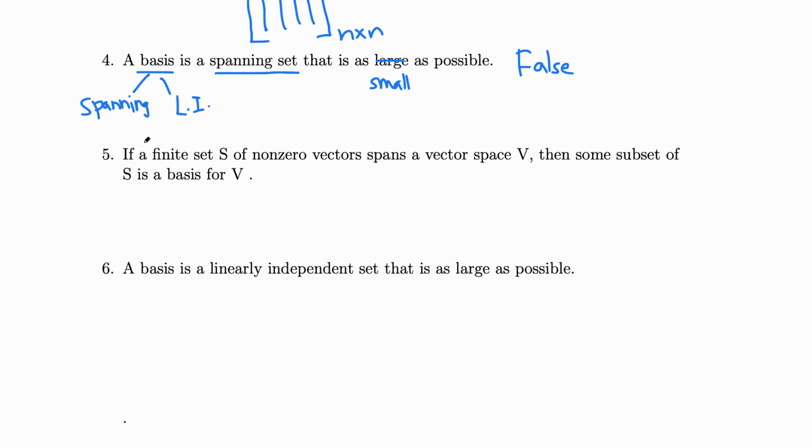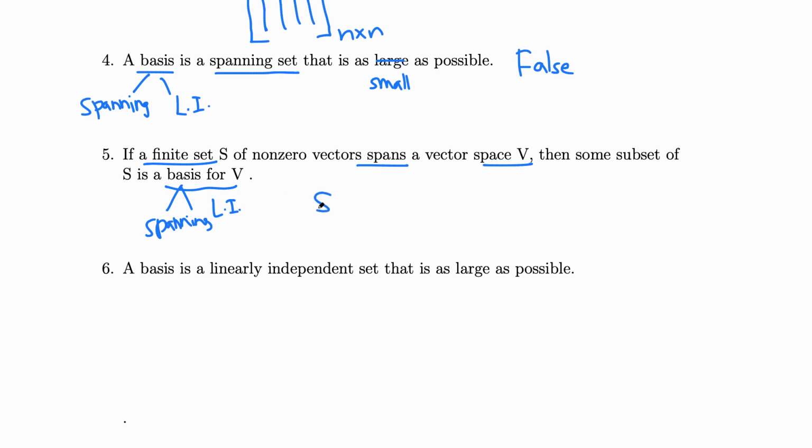Number 5, if a finite set S of non-zero vectors spans a vector space V, okay, so we got spanning set, then some subset of S is a basis for V. So for basis we need two things, spanning set and linearly independent. So it's already spanning.